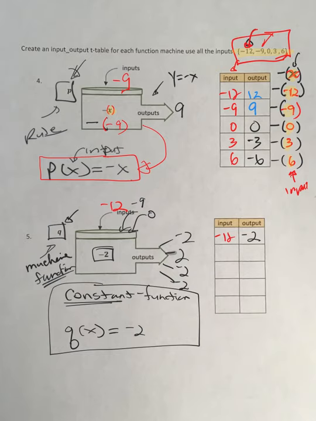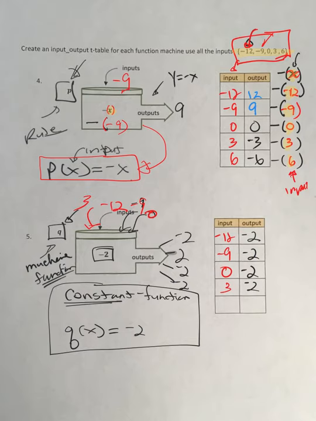So even if I put a negative 9 in, there's no x, so negative 9 goes into the machine, and a negative 2 is going to come out. A 0 is going to go into the machine, and a negative 2 is going to come out. A 3 is going to go into the machine, and a negative 2 is going to come out.